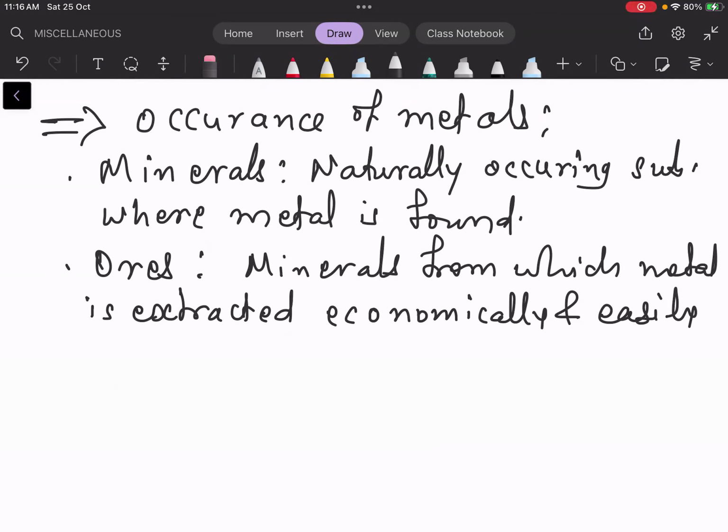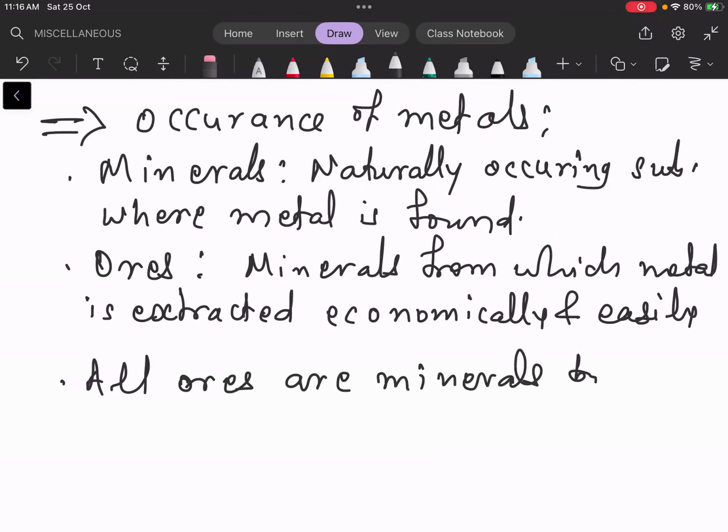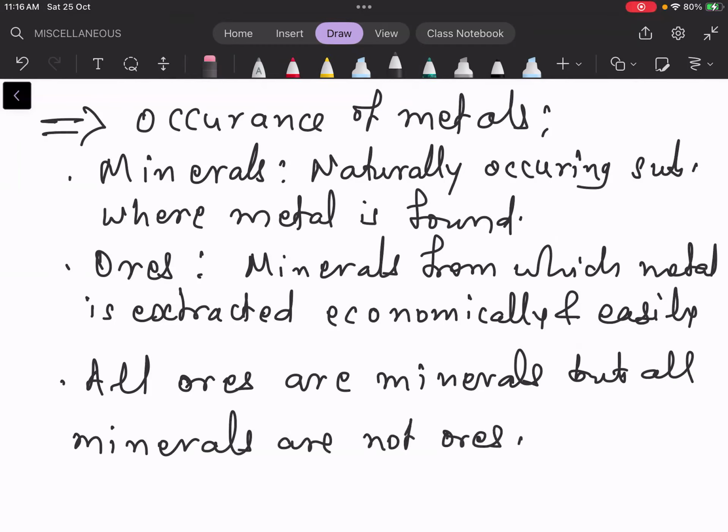So it is said that all ores are minerals, but all minerals are not ores.